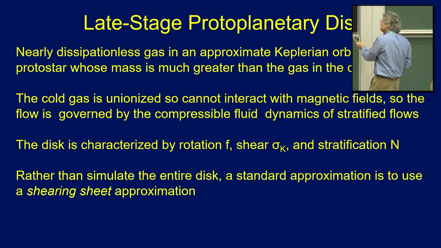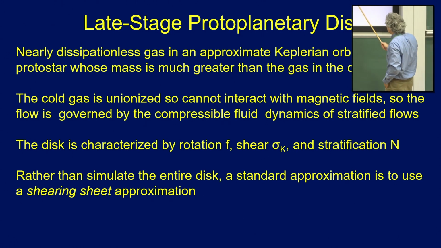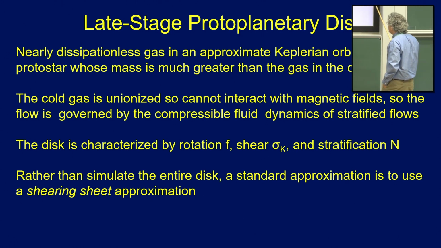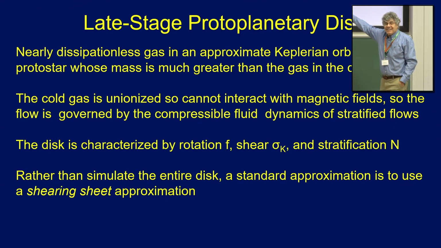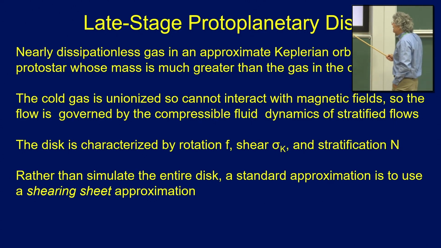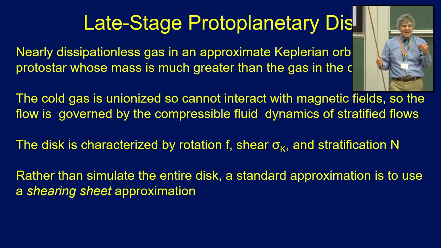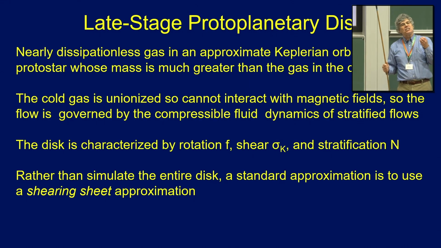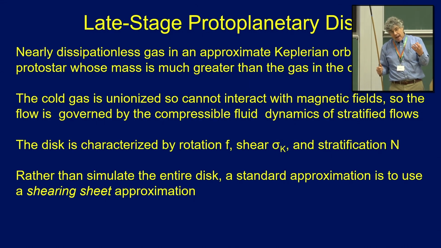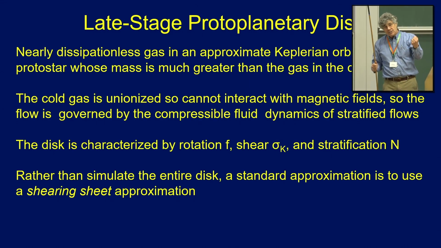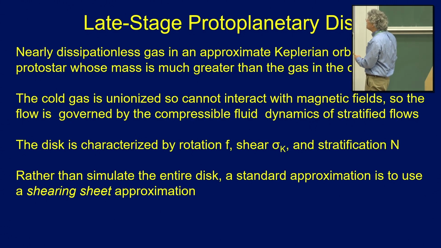But right now, since this is a math institute, not an astronomy institute, I'm just going to say that in this stage, the hydrogen gas going around the star is in an approximately Keplerian orbit because the amount of mass in the disk is not very significant compared to the amount of mass in the central star. So we can use freshman or high school physics and say that gas is roughly in Keplerian orbits.